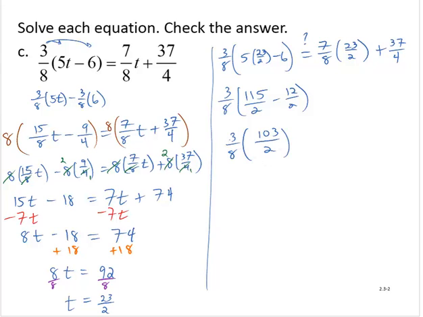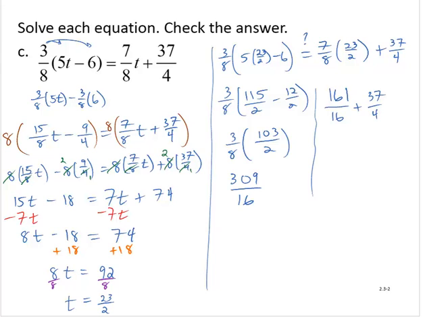And so let's see, 3 times 103 is 309 over 16. On the right-hand side, 7/8 times 23 halves. 7 times 23 is 161 over 16. And we have plus 37 over 4.